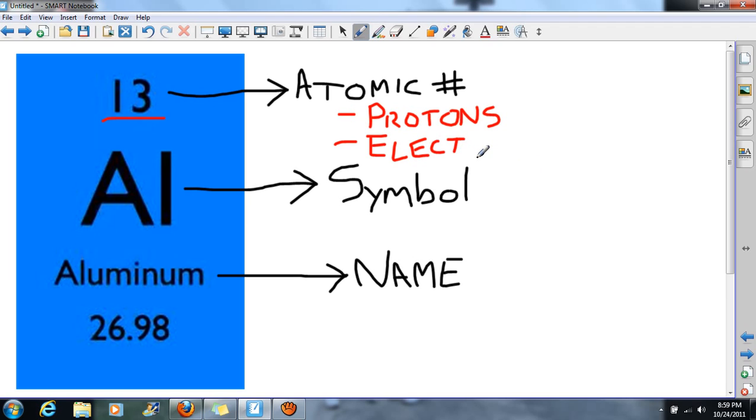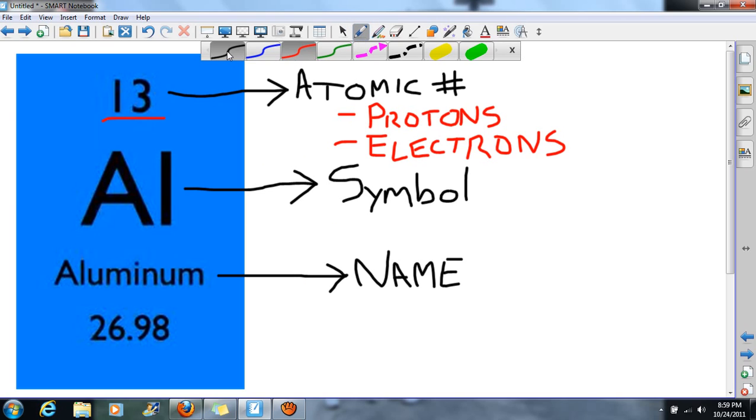In order to get along, they've got to be the exact same amount of them. So if there's 13 protons, there's going to be 13 electrons. So very simple. The atomic number tells us both the number of protons and electrons. It's always located at the top of the symbol for the element you'll find on the periodic table.